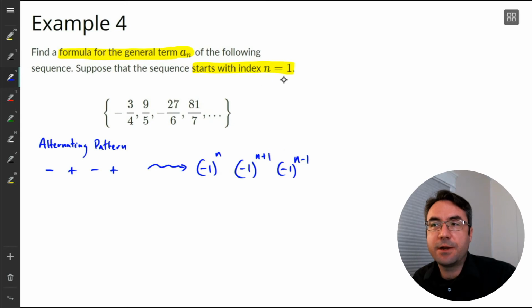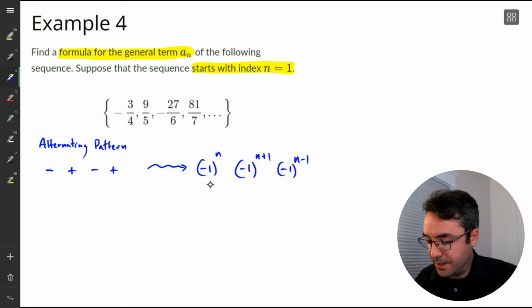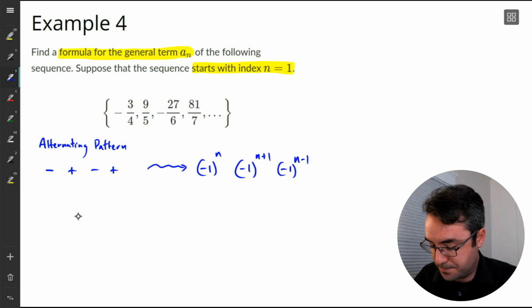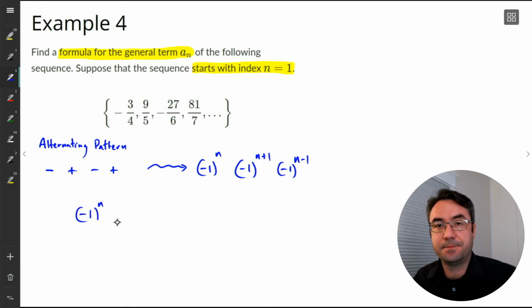And we know we're starting with n equals 1. So let's think about what pattern we get from each of these if we start with index n equals 1. What pattern do we get from -1 raised to the power n?